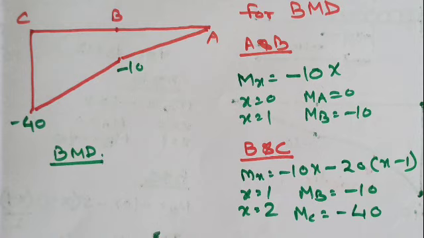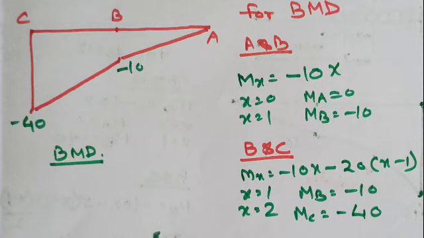Now take another section between B and C. Two forces are acting now, both trying to rotate the body in the clockwise direction, so the moment will be negative. The equation for this section will be minus 10 into x minus 20 into the distance.